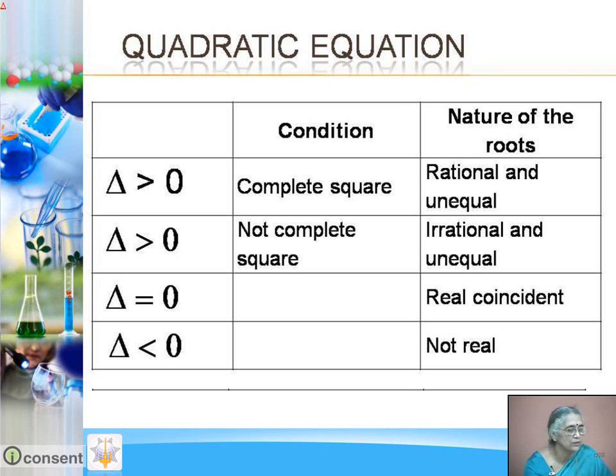If delta is equal to 0, then it is a complete square. So the roots are rational and equal, or they are coincident. If delta is less than 0, then the root of a negative number is not a real number. So when delta is less than 0, the roots are not real.